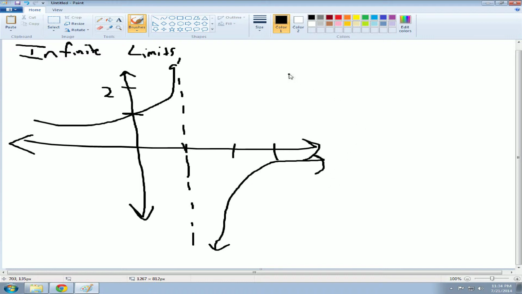When you look at infinite limits, normally a graph goes on infinitely if it's divided by 0 and it has a number on the top that's not 0. So I'm just going to say n, where n does not equal 0. And this is an infinite limit.